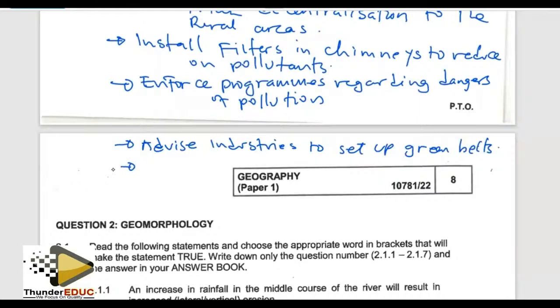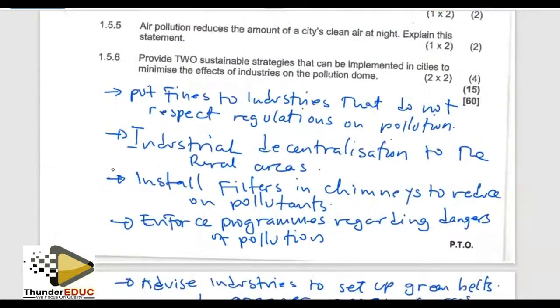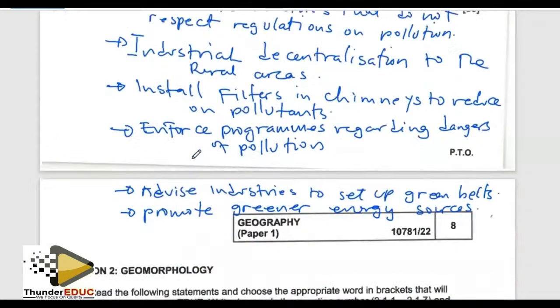Also promote greener energy sources. So among others, this could help in minimizing the effects of industries on the pollution dome.